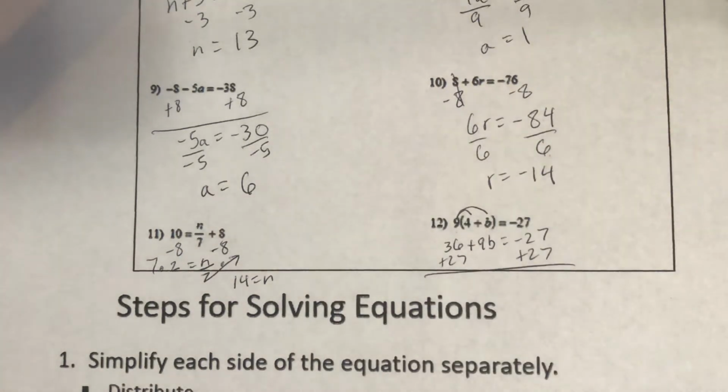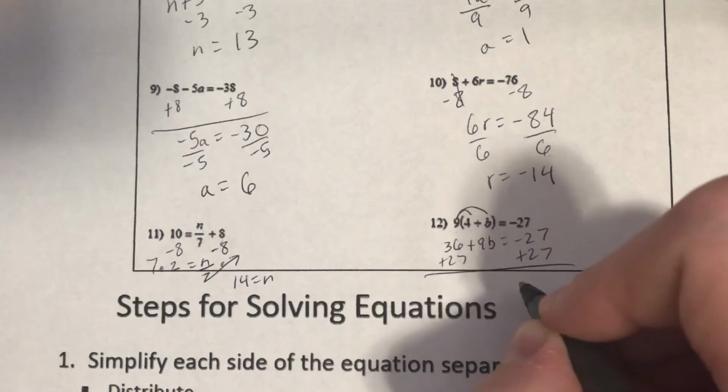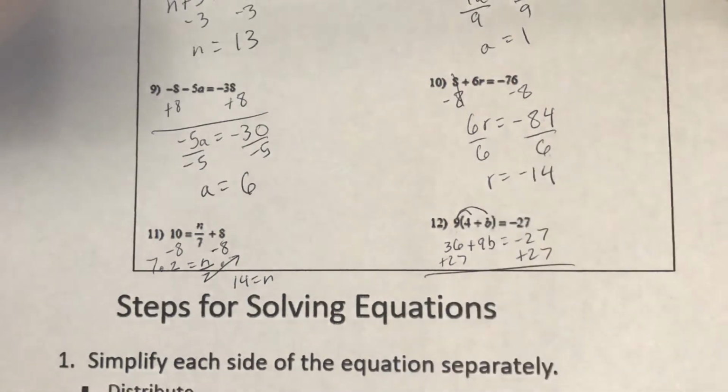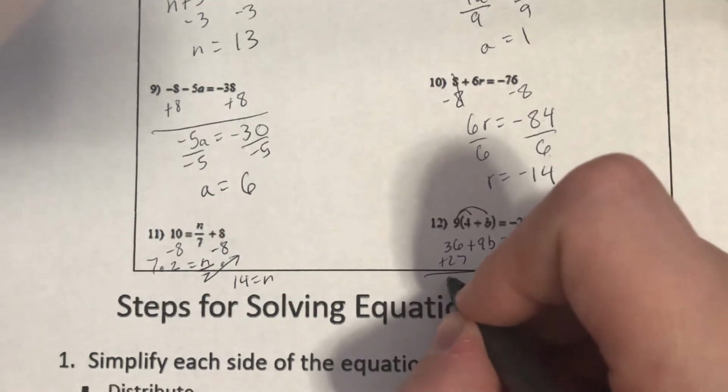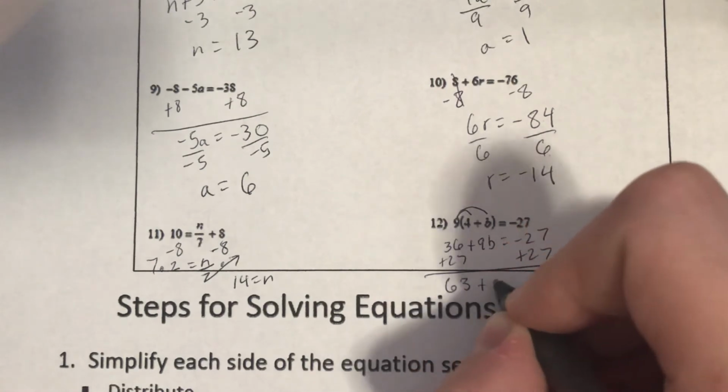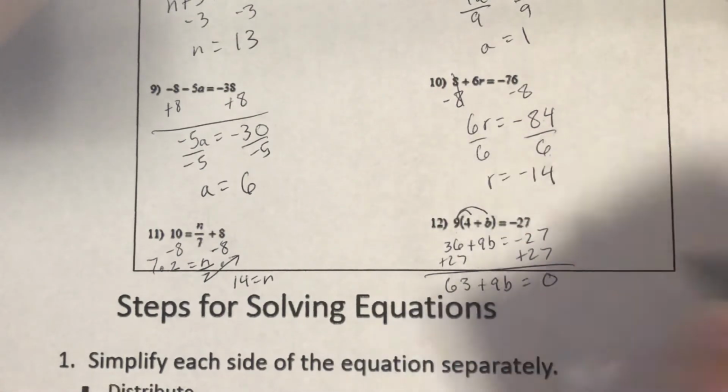We get, let's see, okay, we get 63. Oh, I probably should have subtracted 36. Yeah, that'd probably be a smart move. Oh well, we'll do 63 over here plus 9b equals 0.